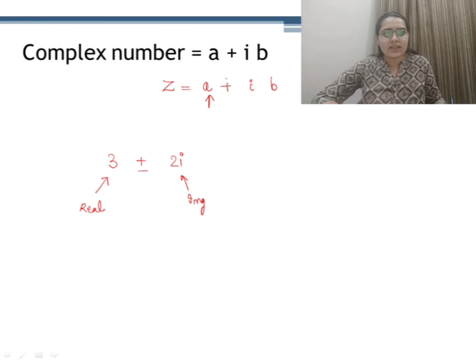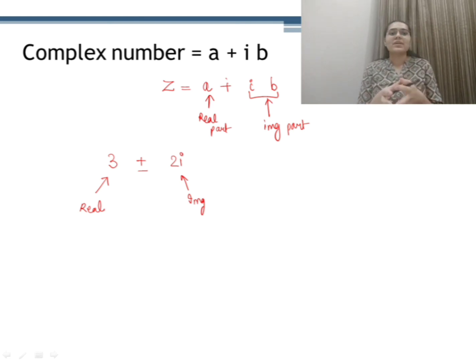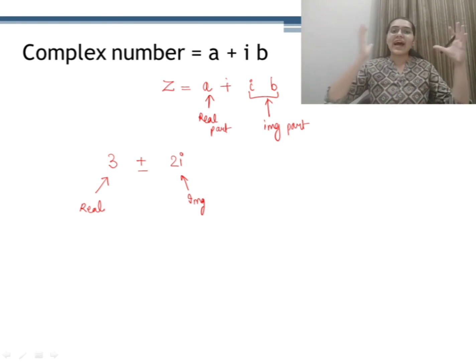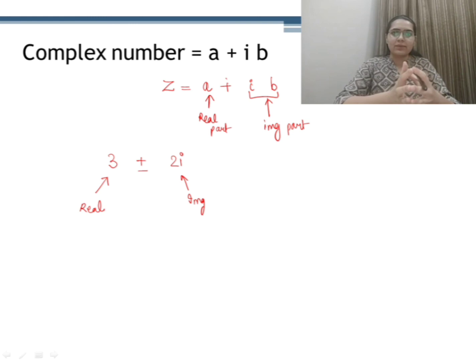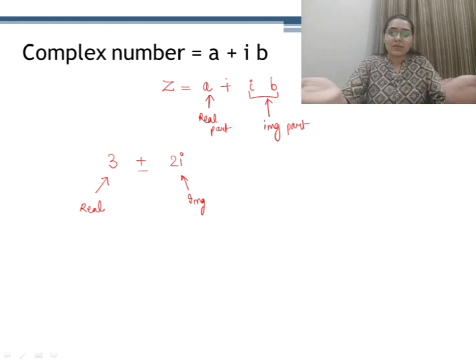This a is our real part. This iota b is our imaginary part. That is how complex numbers came into existence. What did we do? We took our real world, we took our imaginary world, we just added them, or you can simply subtract them, and we will get our complex numbers. And those complex numbers are simply denoted by Z.